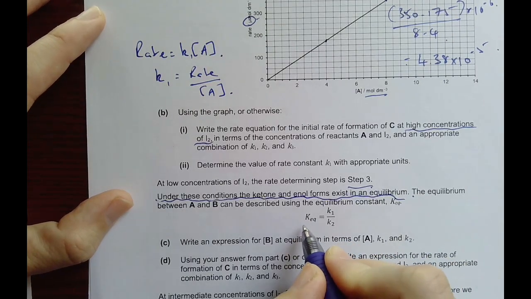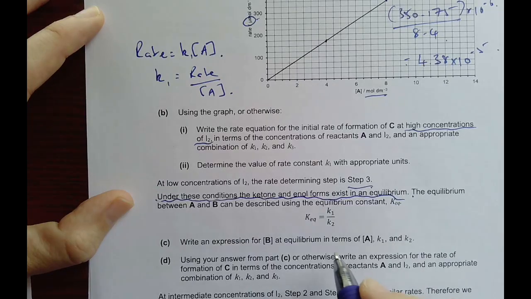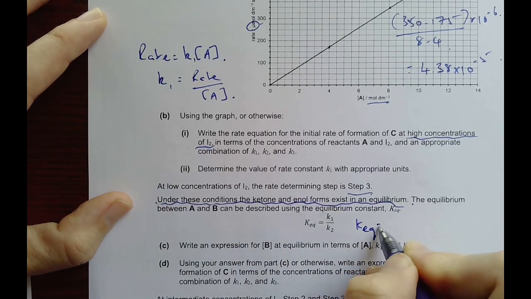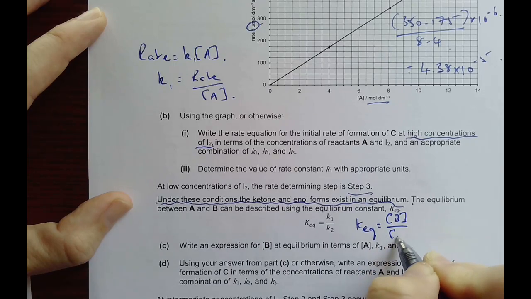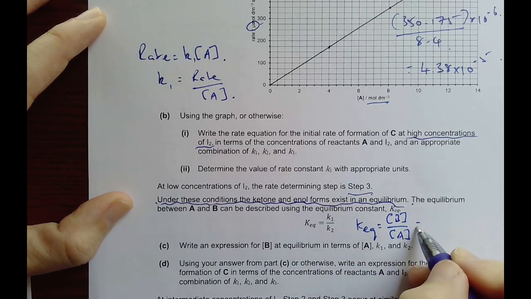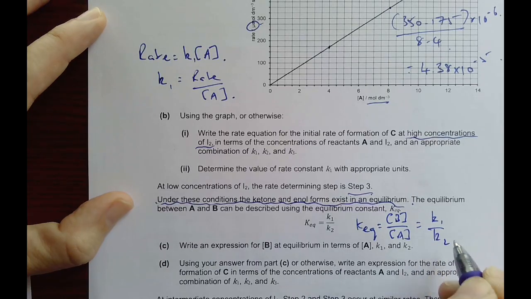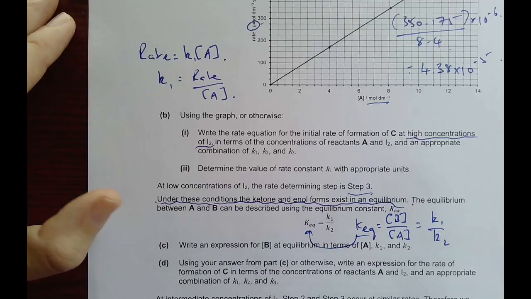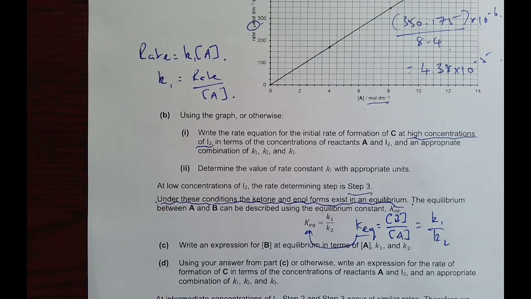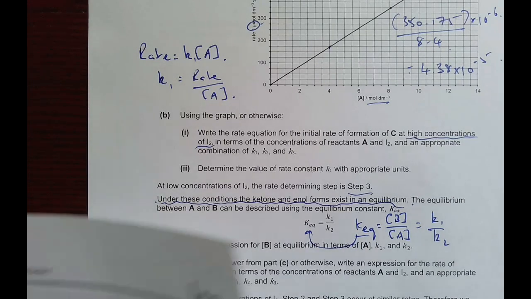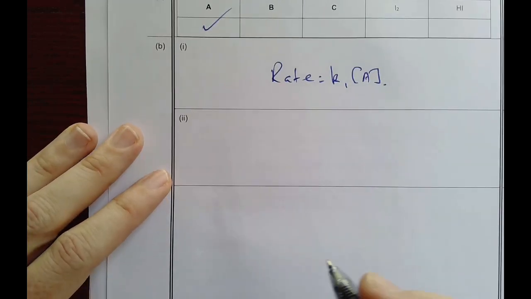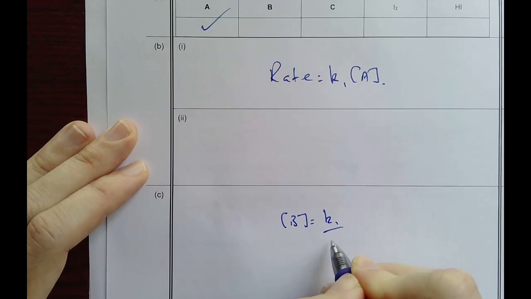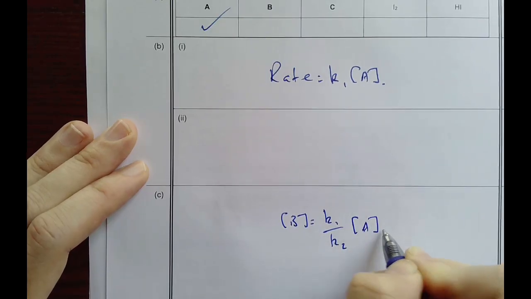It's going to be fairly simple because the equilibrium constant for the reaction between A and B is just going to be the concentration of B over the concentration of A. And then we equate that to K1 over K2, so our expression for the concentration of B is just going to be K1 over K2 multiplied by the concentration of A.